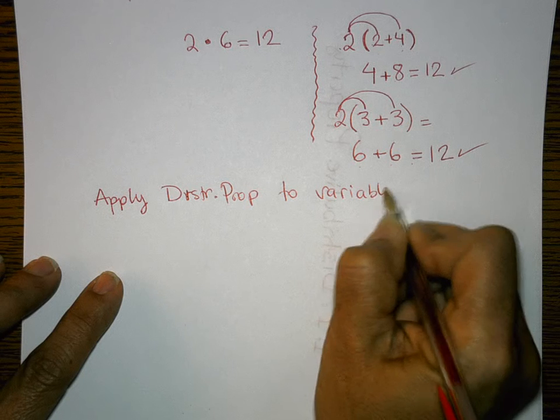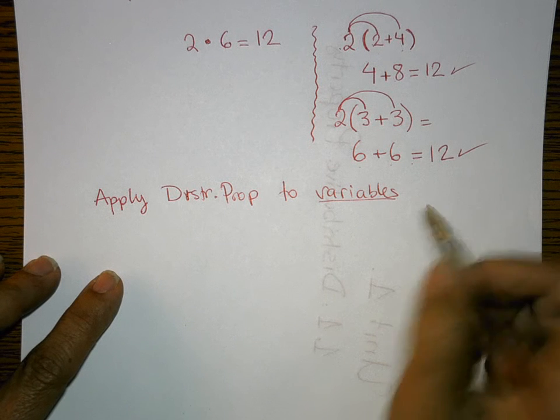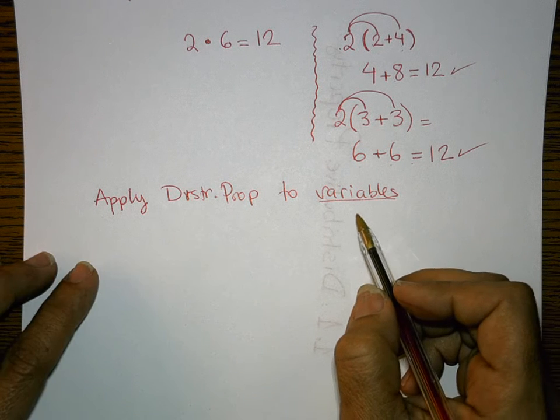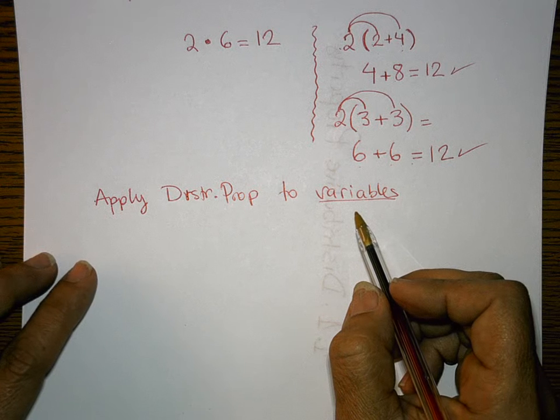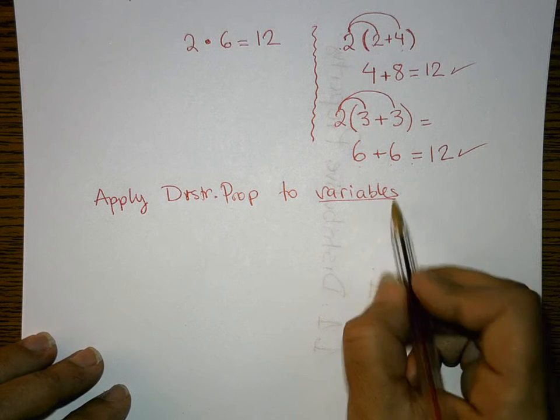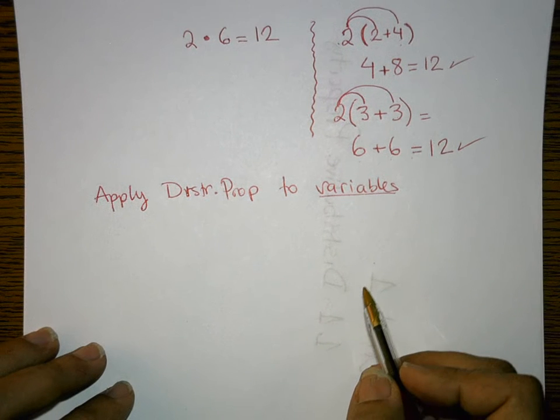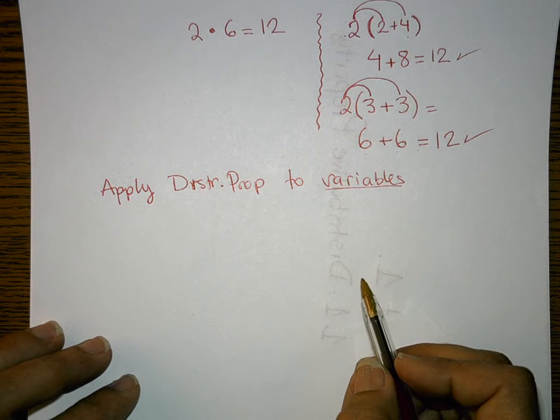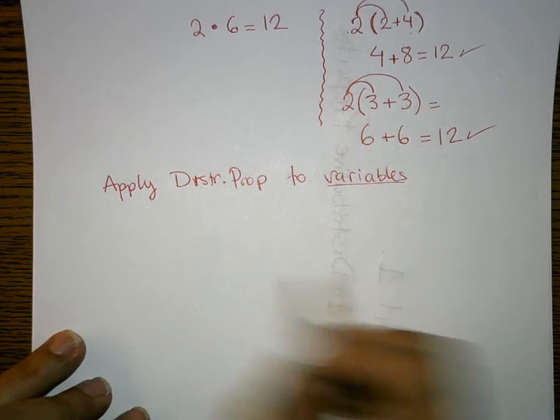Now remember, variables are just a letter of the alphabet that we use to represent an unknown number. We don't know what that number is, so we pick a letter of the alphabet, X, Y, Z, any letter to represent it.